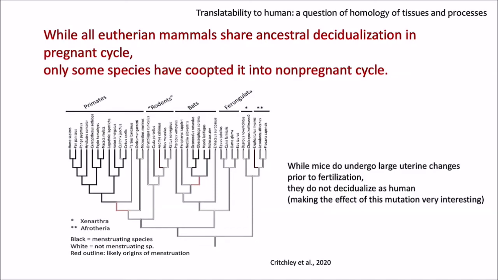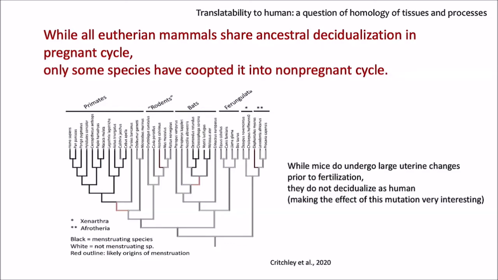But in the ancestral mammal, they are present. What changed in evolution is that in some of the lineages, like here in primates, but also in some of the bats, and in spiny mouse, and I think it's in elephant shrew, right?